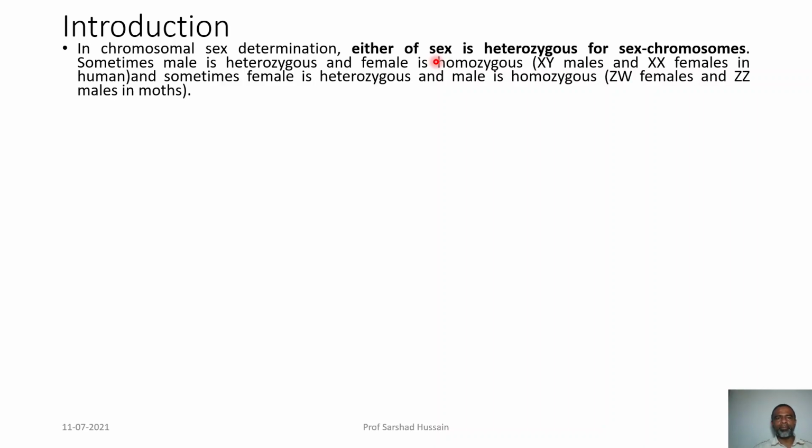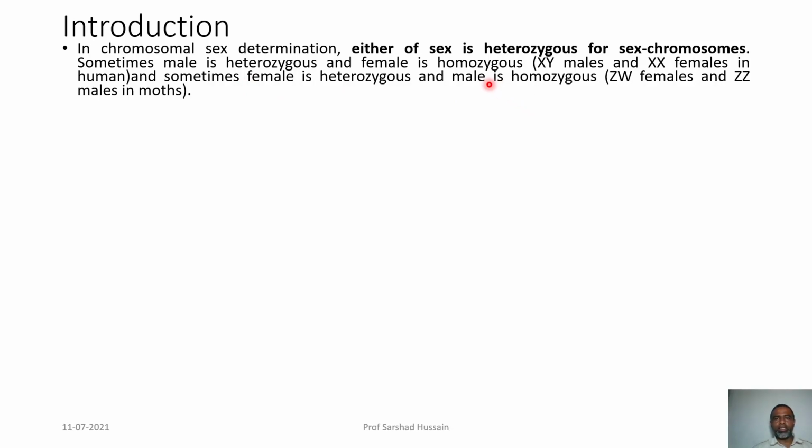Say for example, sometimes it is male which is heterozygous, that means it will produce two types of gametes because it is having two types of sex chromosomes, and sometimes it is female which is heterozygous. So, when male is heterozygous, female will be homozygous, and when female is heterozygous, then male will be homozygous.